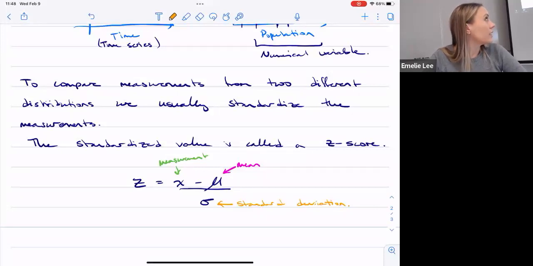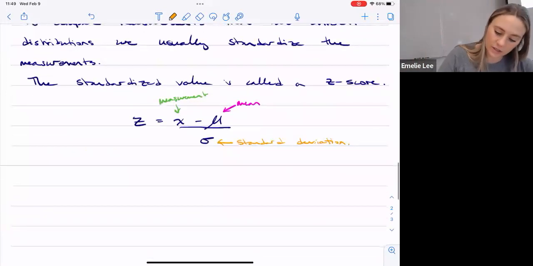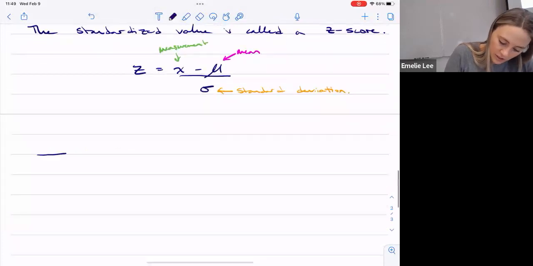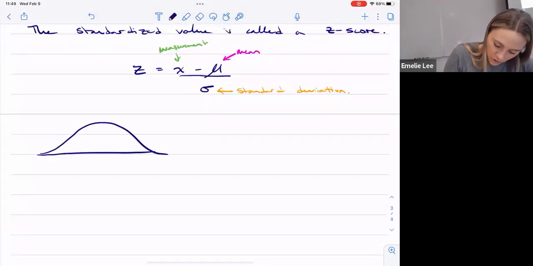The area under the curve is going to be a probability. And if there's lots of area under the curve, then there's a high probability of being in that region, right? And so here, if we go to our normal distribution, it looks something like this.